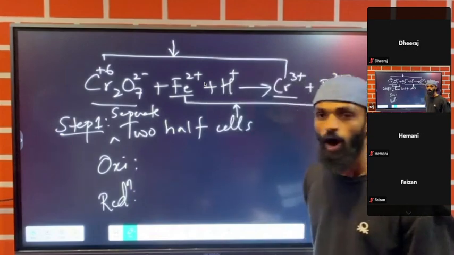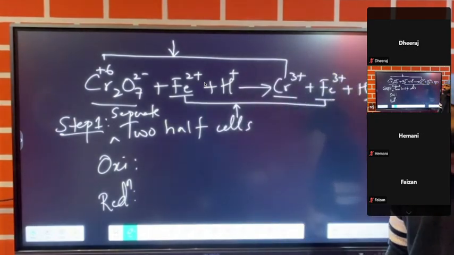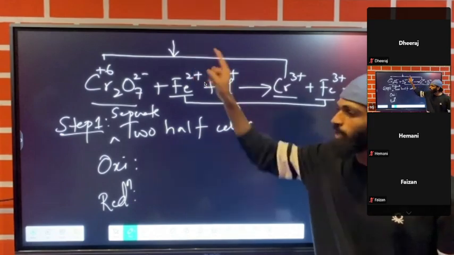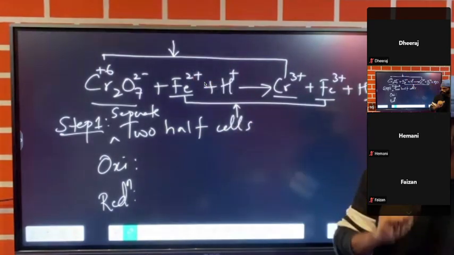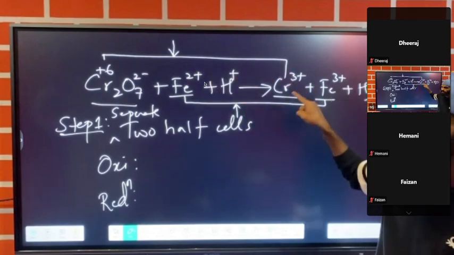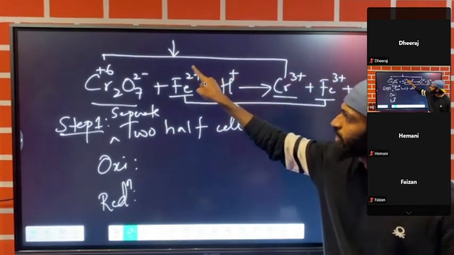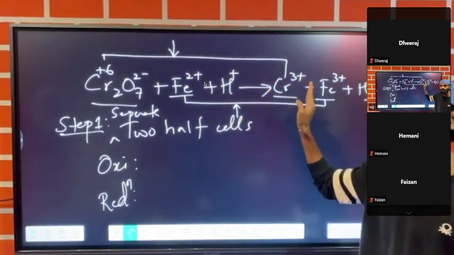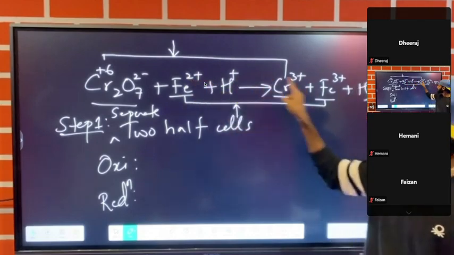Now, first of all, how do you find out which one is the oxidation half and which one is the reduction half? These arrow marks will help you. Again, I'll repeat the rule right now. Focus. Can you see the oxidation number, the valency on top of it? If the oxidation number is increasing, 2 plus is becoming 3 plus.